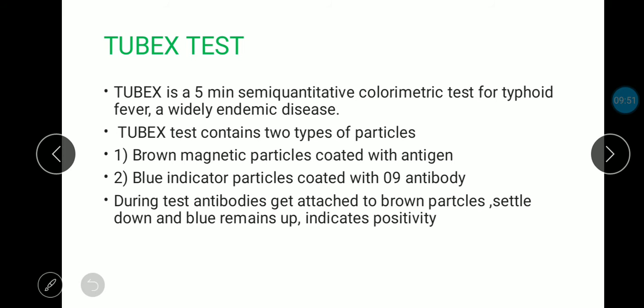During the test, antibodies get attached to the brown particles and settle down in the test tube, and the blue indicator particles remain on the upside. It indicates the positivity of the test, meaning the presence of typhoid bacteria is indicated by this blue color.